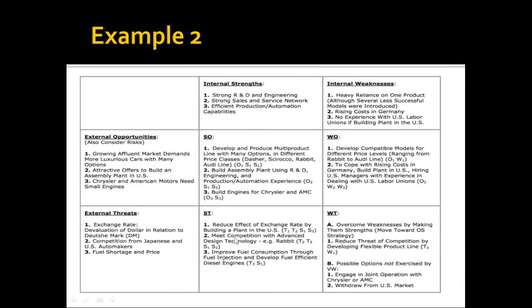So again, we just try to relate both strengths and threats and give possible actions. I will not be going through the whole example, so just take a look at it, and that's it. So we now have an example of a TOWS matrix.